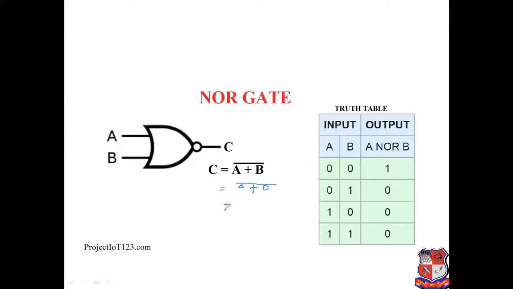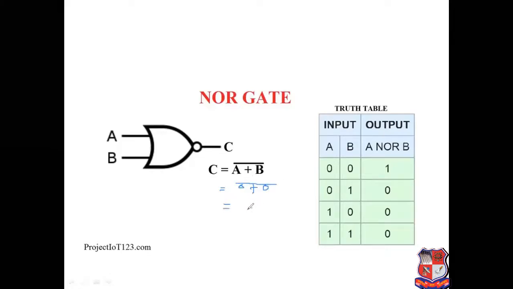So 0 plus 0 is 0, and again we have the bar. The value of 0 bar is nothing but 1. So if your values are 0, 0, then 0 plus 0 is 0, and 0 bar is 1, so your output is 1.